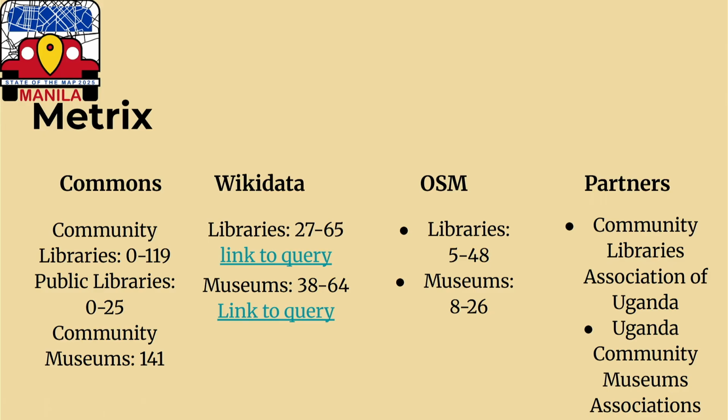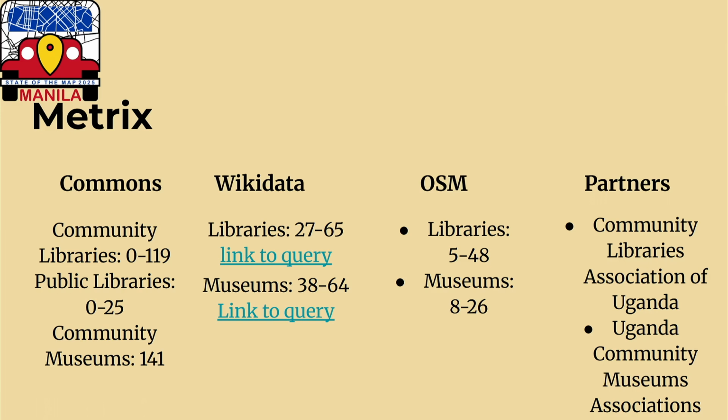We were also able to upload 141 images or media files of community libraries. On Wikidata, before the project we had 27, but then we pushed them to 65. And for museums, we had 38, then pushed them to 64 museums.